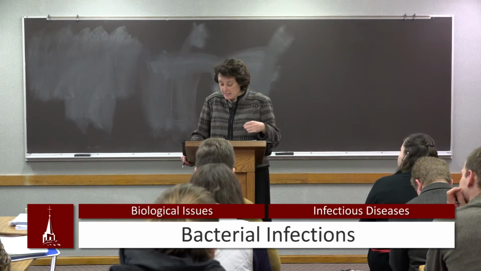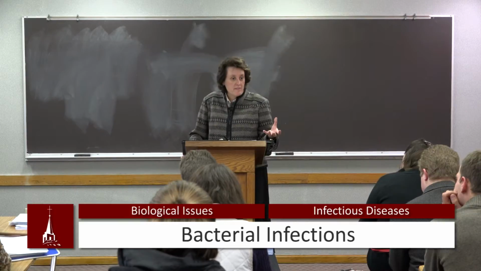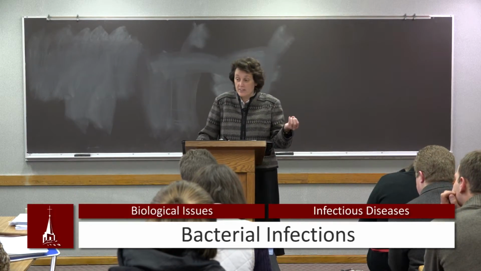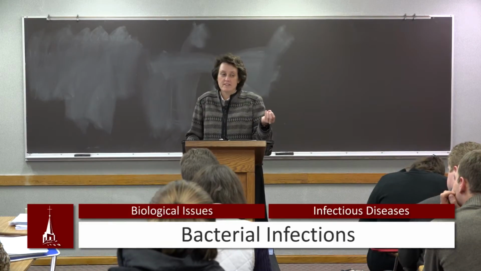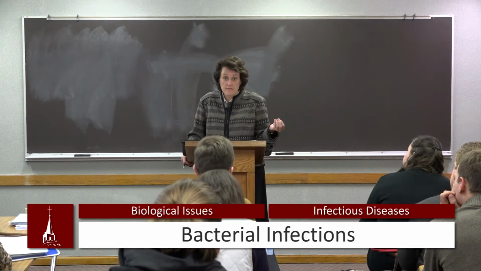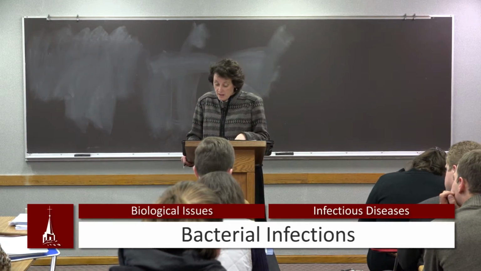They have a capsule, they have a slime layer, they can form spores. A spore is a very hard outer covering that the bacterium encases itself in, and once it gets through the stomach into the more favorable environment of the small intestine, it's going to start causing disease.